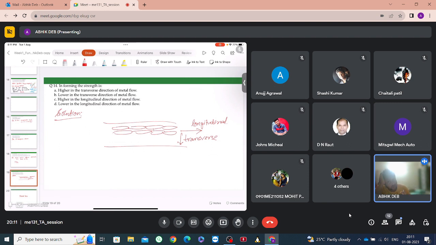You can consider that the effective area of grain boundaries is small in one direction, but in the other the effective area of the grain boundaries is much larger. With a larger area of grain boundary, the chance of deformation is larger and the strength is lower. So the strength will be more in the longitudinal direction and lesser in the transverse direction.